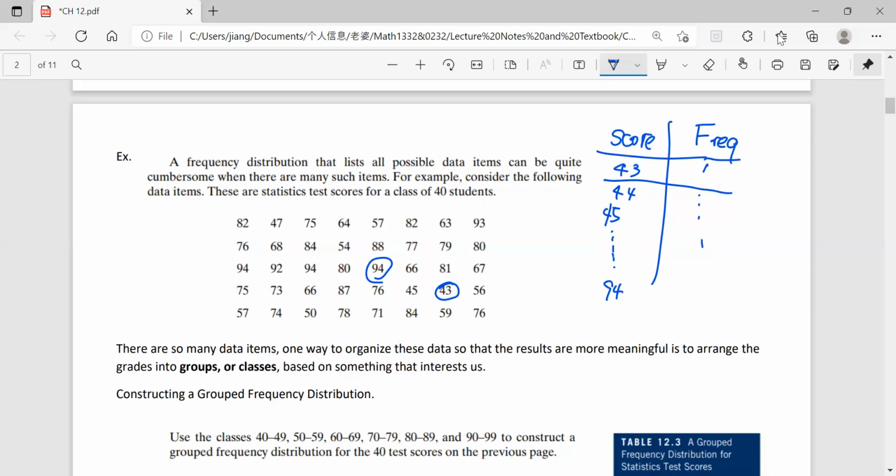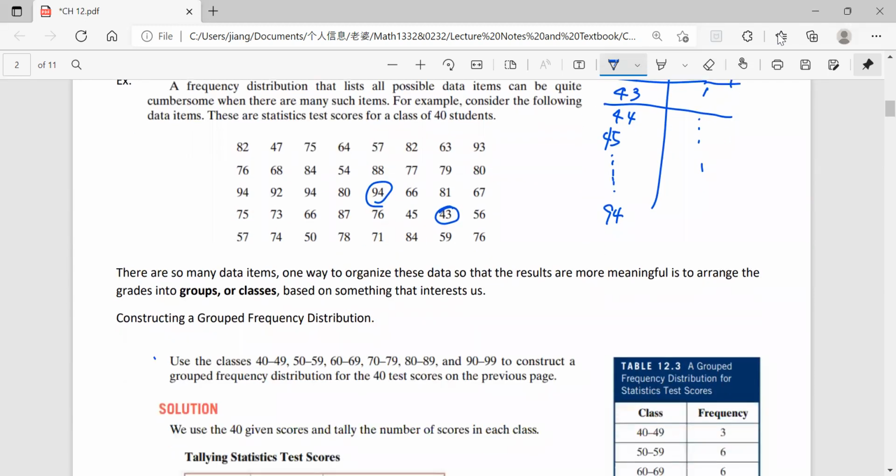Maybe from 40 to 49, and then from 50 to 59, and then find how many people are in this class. So use the classes 40 to 49, 50 to 59, 60 to 69, and so on. The last class is 90 to 99.